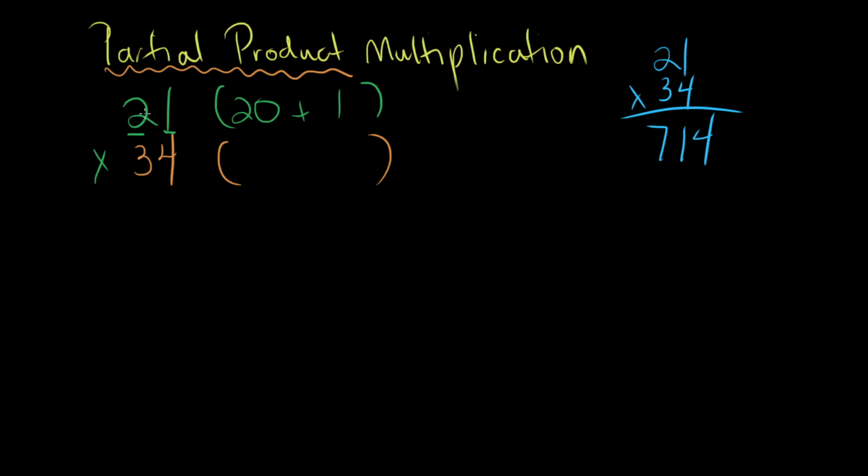2 tens, that's 20. Okay, 3 tens, well, that's 30. 4 ones, that's just 4. So we have our partial products.